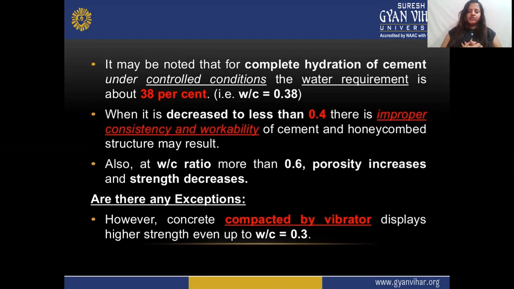Also, at a water cement ratio more than 0.6, porosity increases and the strength decreases. There are exceptions.